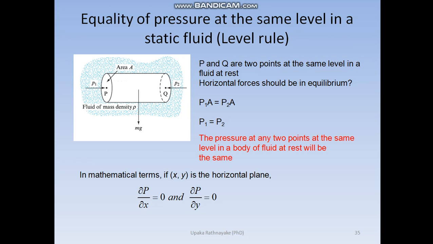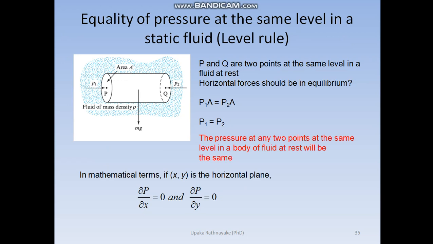Third is the connectivity. These 2 points have to be connected to each other through the same liquid. If we are satisfying these 3 conditions, we can apply the level rule, or we can say the pressures at these 2 points are equal.